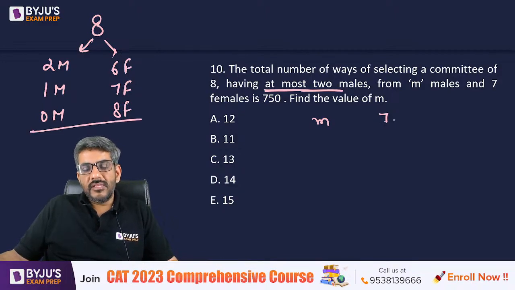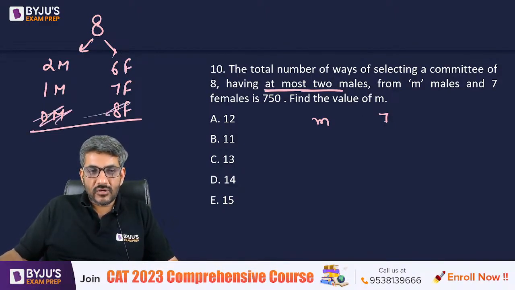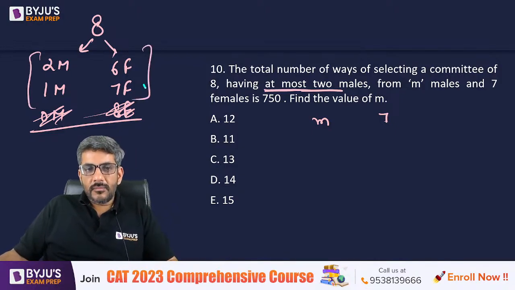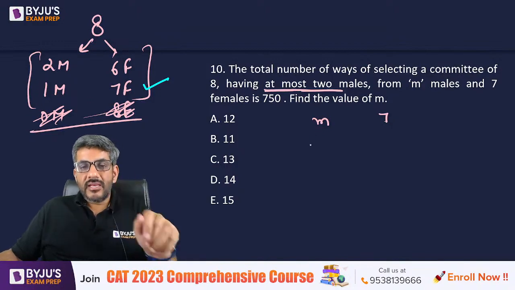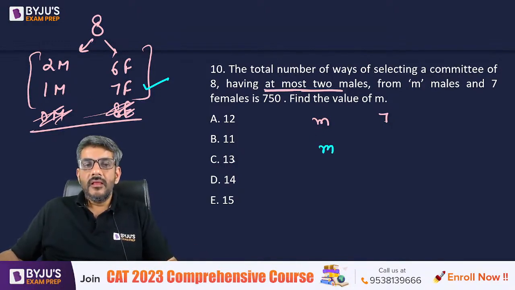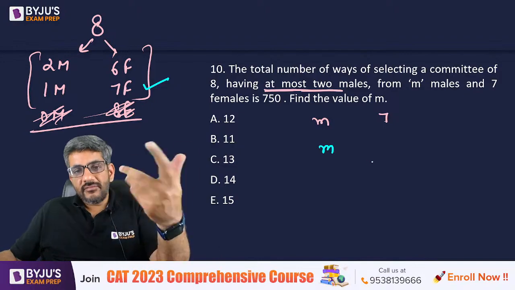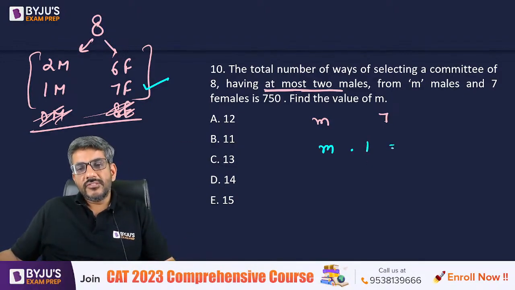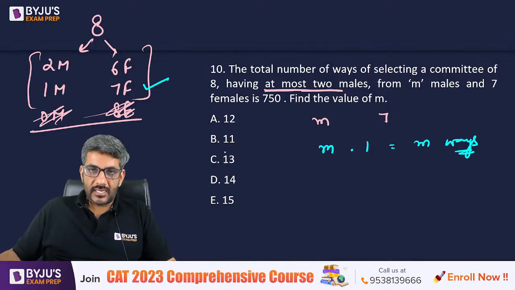Because the number of females is only 7, of course the last case is not possible, only 2 cases are possible. If I talk about the case of 1 male and 7 females, out of M males, 1 male can be selected in M ways, and out of 7 females, all 7 can be selected in only one way. So that gives me a total of M into 1, M ways to select.